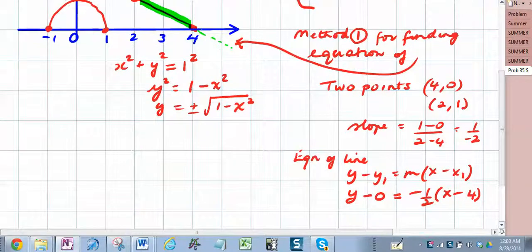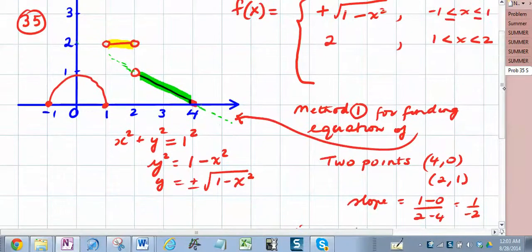If I distribute that, I get y equals negative a half x plus 2. So I go back up, and to complete my piecewise defined function, that was negative a half x plus 2, and that applied when x was between 2 and 4, not including 2, but yes, including 4, and we're done.